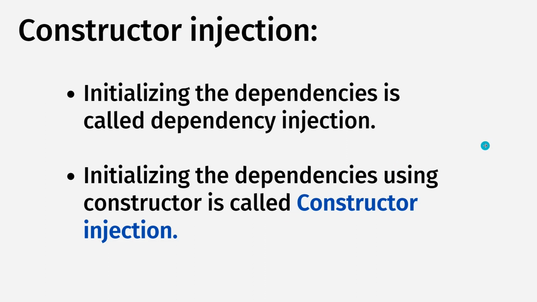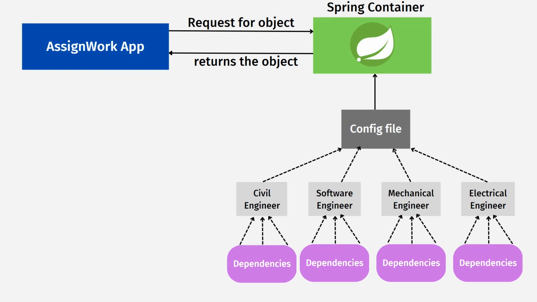Got it? Now we will go to the next slide, where we will understand what a dependency actually is. I showed a similar diagram in the previous lecture when we were understanding dependency injection. Prior to this, we had different engineers, all configurable using this config file, and the object is provided by the Spring container to our app, where we request the object.